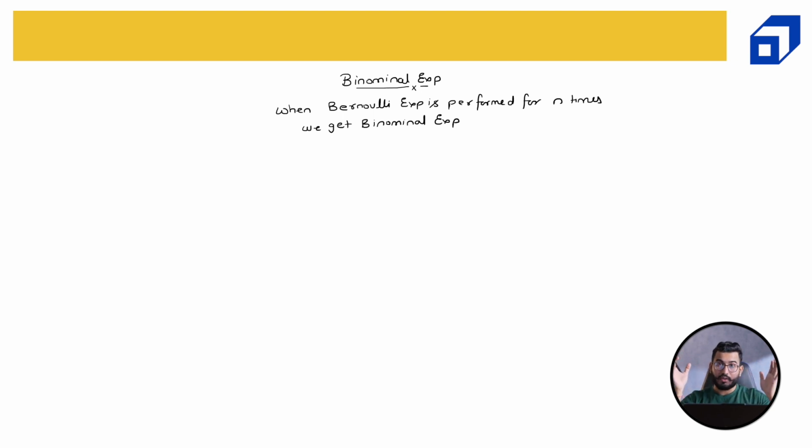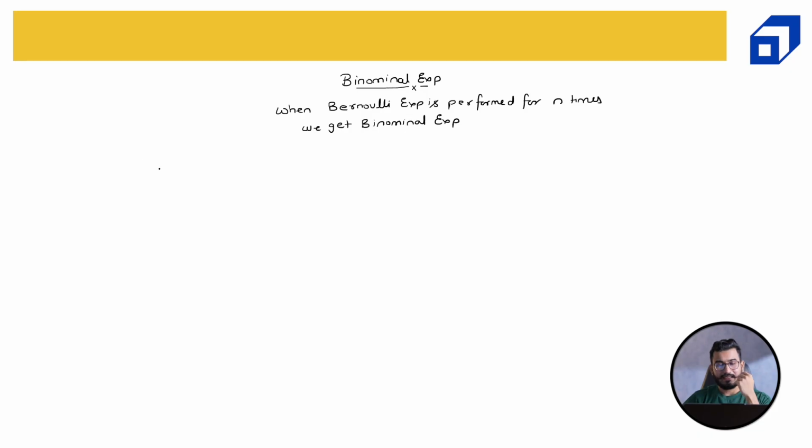Since I am tossing it 10 times, it becomes binomial, but the outcome of each trial is either head or tail, which is binary. That is the reason it is a binomial experiment. So we have n Bernoulli experiments, and when I combine them, it becomes binomial. Now let's understand how to calculate the probability of a binomial experiment.